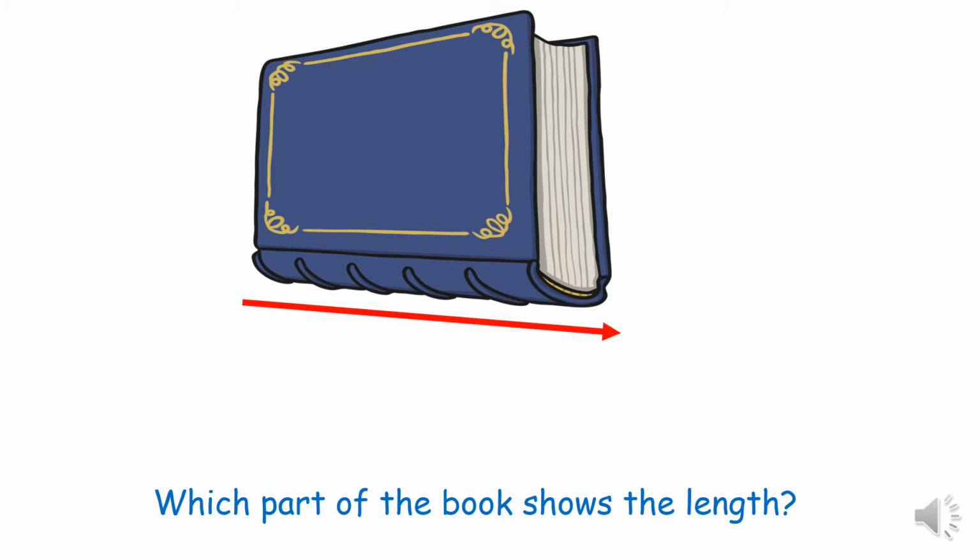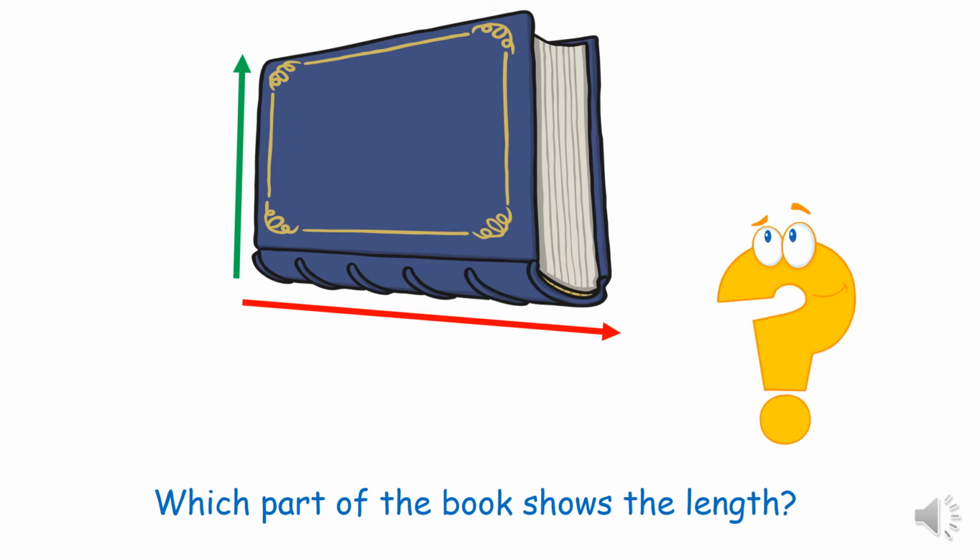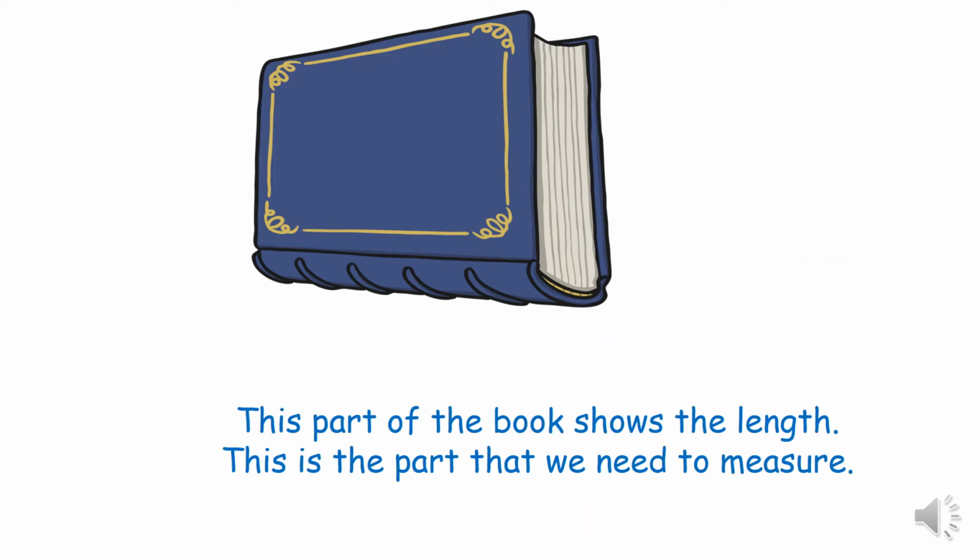Is it this or is it this? Remember, the length of an object is the longest side of the object. This part of the book shows the length, as this is the longest side of the object. This is the part that we need to measure.